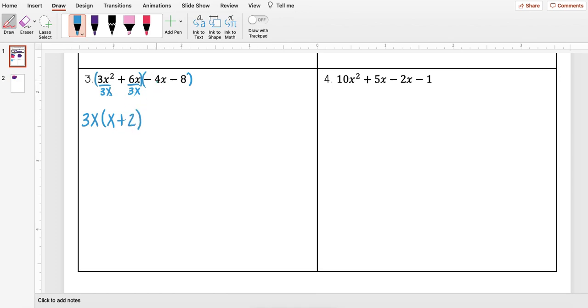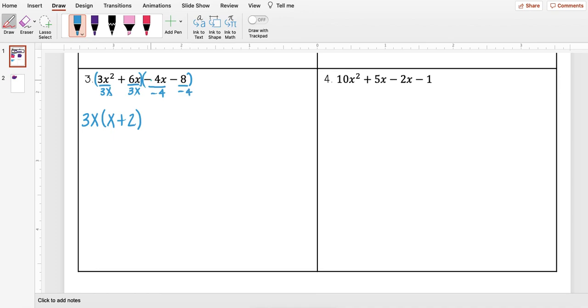Now here I have a negative in my first term. And we never want that to happen. I do not want a negative. So whenever there's a negative out in front, you're going to be dividing by a negative GCF. So looking at the GCF of negative 4x and 8, that's going to be negative 4.